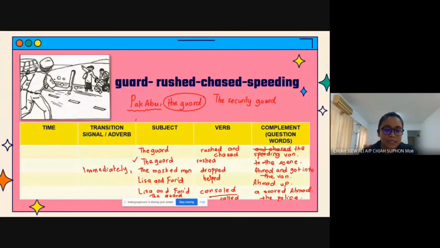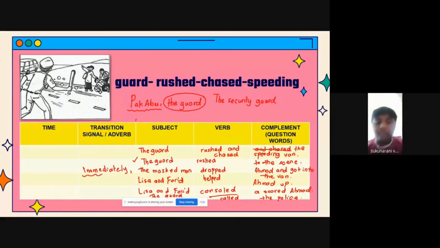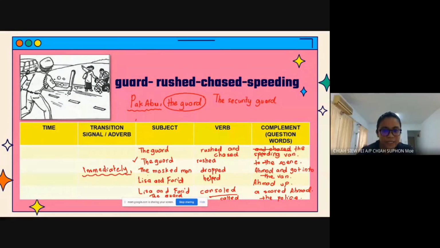Immediately the masked man dropped Ahmad and got into the van. You see how the transition signal makes your story sound better. Lisa and Farid helped Ahmad out. Lisa and Farid consoled a scared Ahmad.